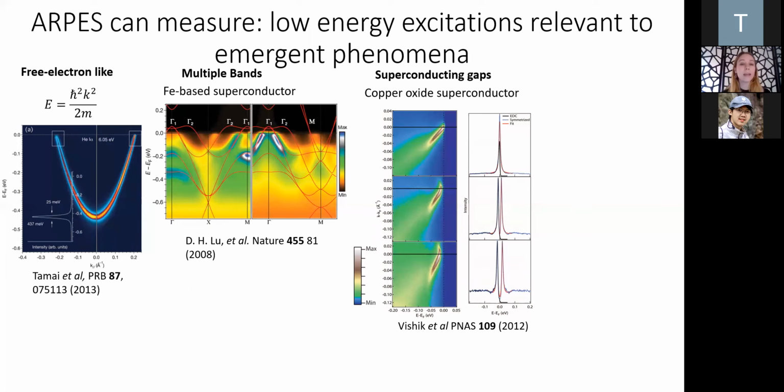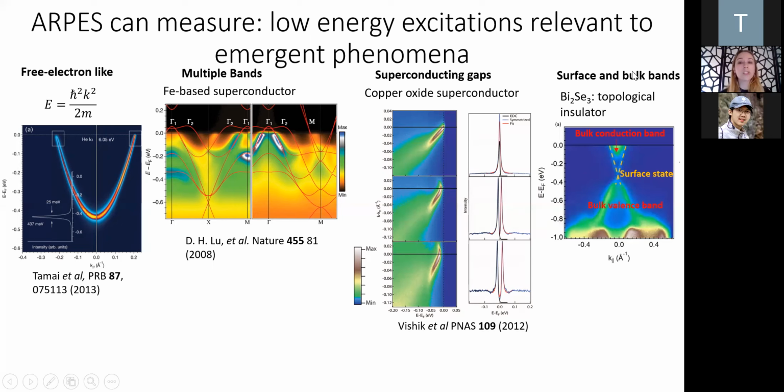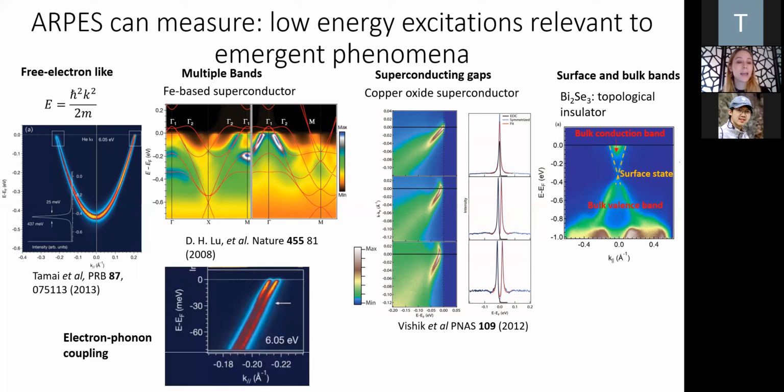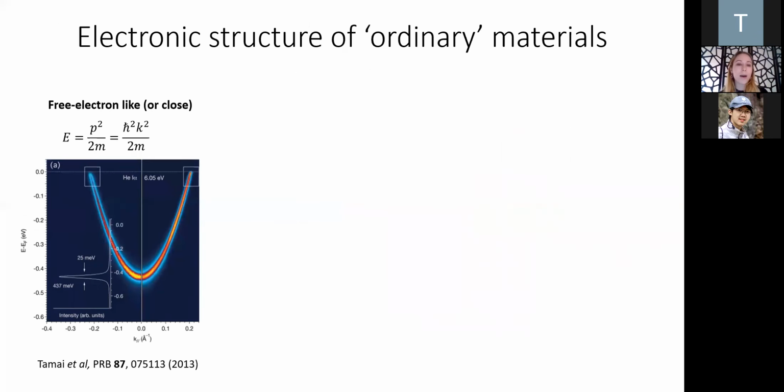ARPES can measure that, and it can do that in a momentum resolved manner. It can also distinguish surface and bulk states, which will be important for the materials that I'll show in coming slides. It can also measure what's called electron-phonon coupling. Basically, electrons interacting with the lattice vibrations, which is relevant to the mechanism of superconductivity in superconductors that we do understand. So that is the technique.